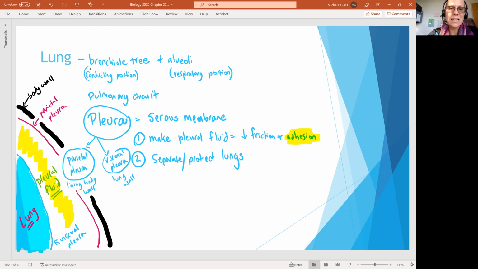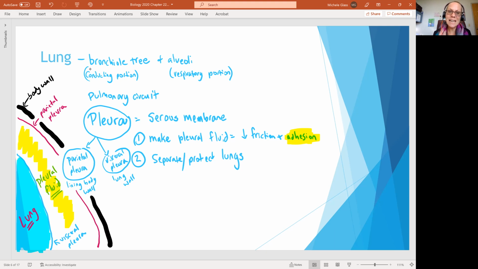So what this means is the lung doesn't have a lot of muscle. The only muscle to the lung is in the bronchiole, that smooth muscle. But we have this adhesion to the body wall. So we have skeletal muscle of the thoracic cage, and we can change the size of our cage. And when we change the size of our thorax or thoracic cage, we're going to pull with it the lung.